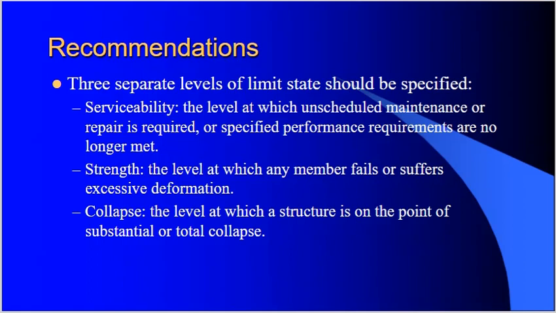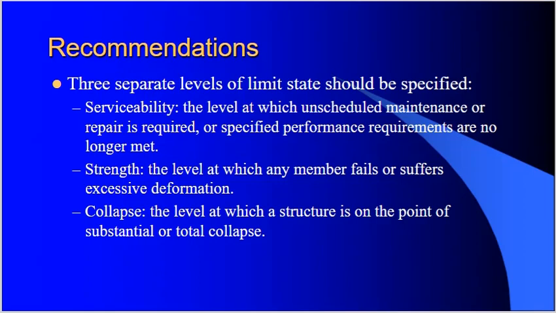So following on from that, I would recommend that codes should actually look at 3 separate levels of limit state. There should be a serviceability limit state, which we have, and that really doesn't need changing.